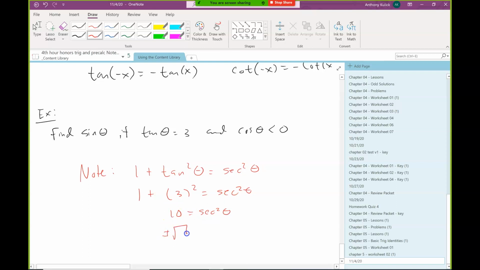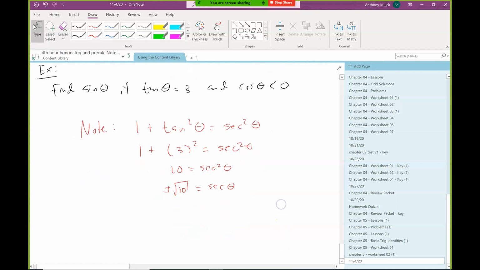And since cosine is negative, I know that secant is also negative. Everybody's okay with that?